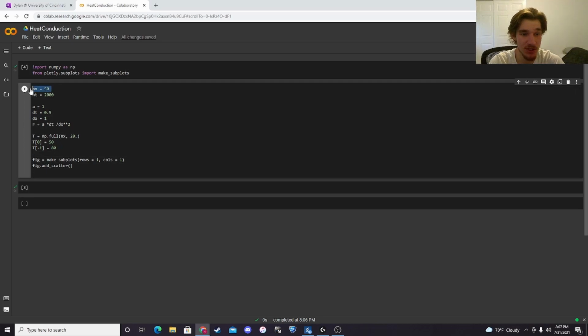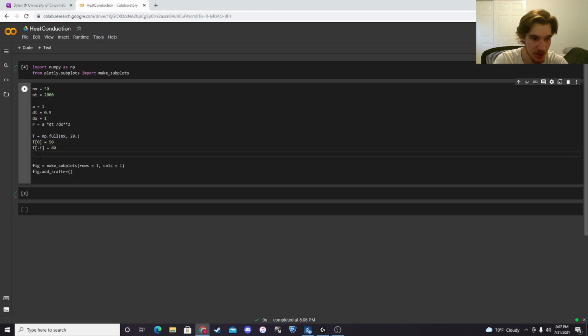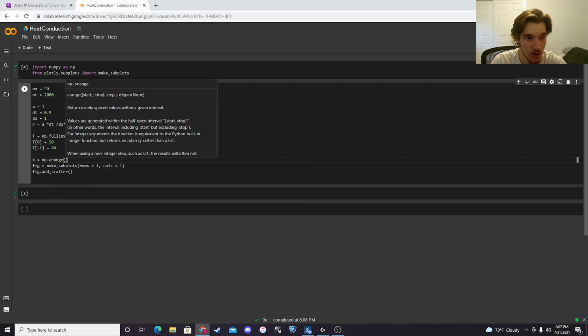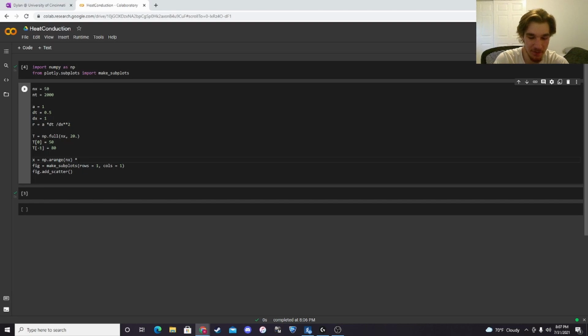For our x variable, we want to create an array with this many increments going from 0 to however many nx. So let's press enter right there. x is going to be np.arange of nx, and we're going to multiply it by dx, which is the change in x, so we get the exact number of increments that we need, and it all lines up perfectly.